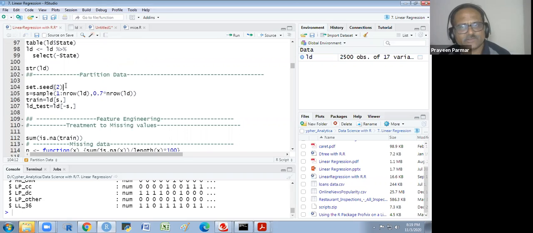People make this mistake. 90% of data analysts make this mistake. They process the data and then they partition it. That is the big problem. Why do I tell you? Suppose you have not partitioned the data, and you have filled the missing values with the mean of that column.